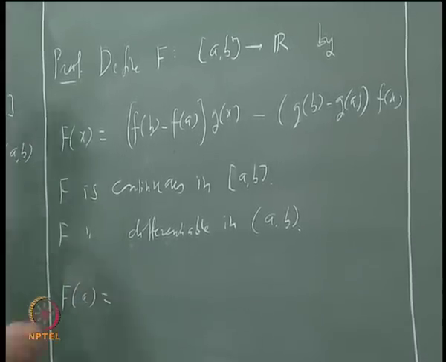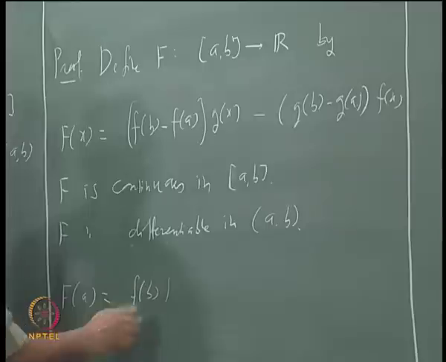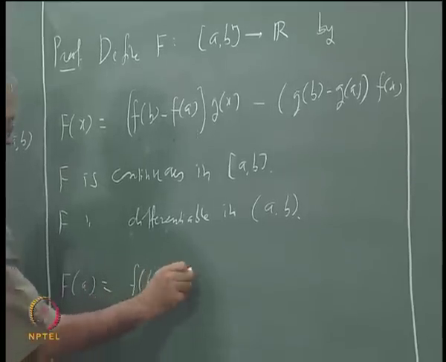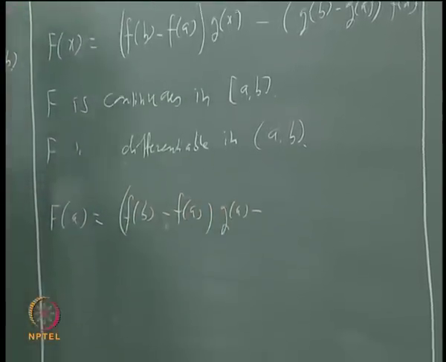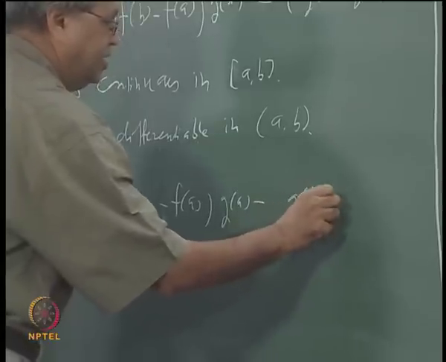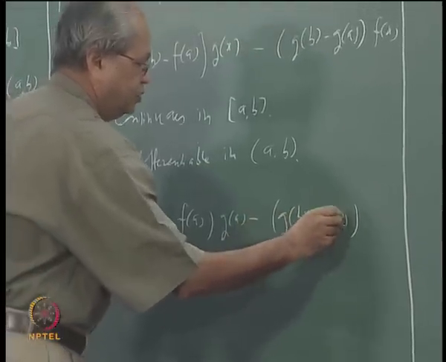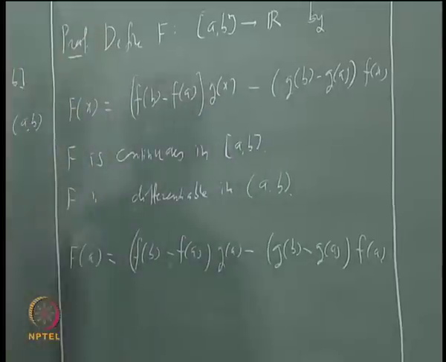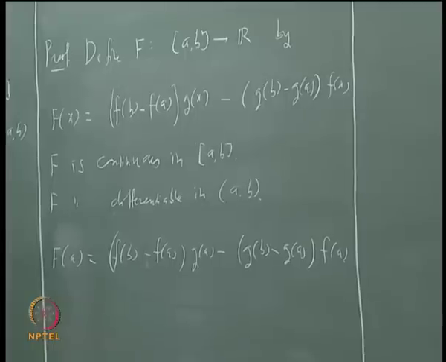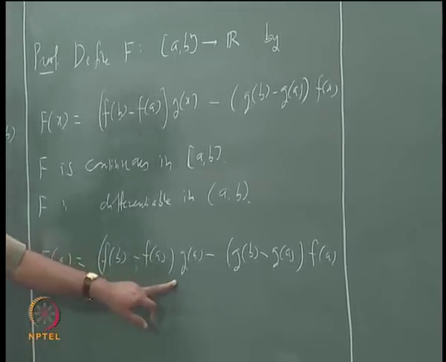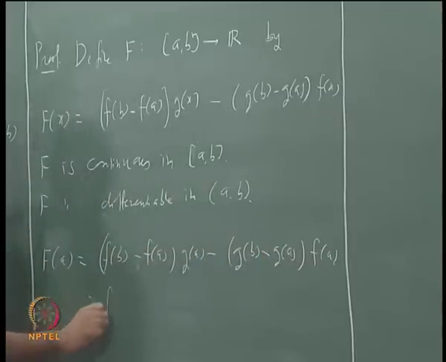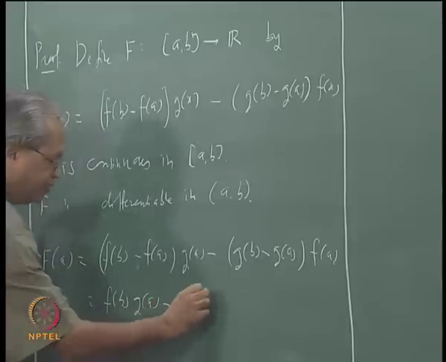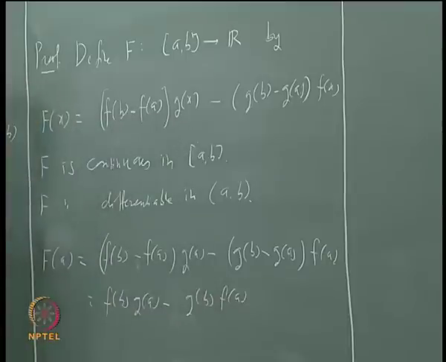It is F(b) minus F(a) into G(a) minus G(b) minus G(a) into F(a). So this F(a)G(a) will cancel with this G(a)F(a). What will remain is F(b)G(a) minus G(b)F(a).